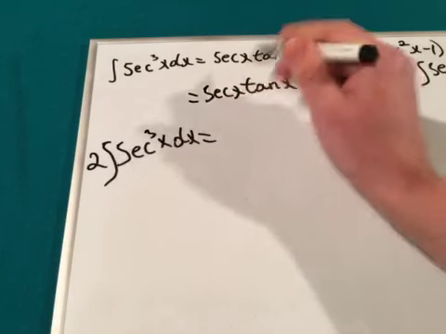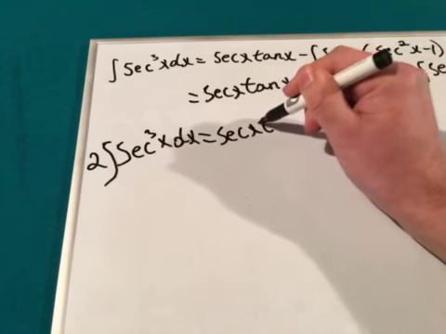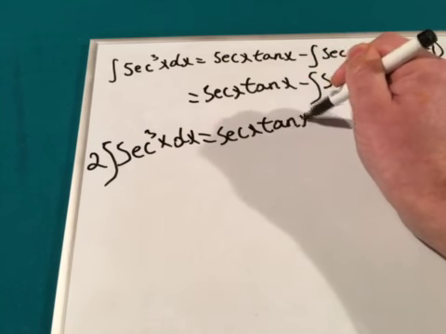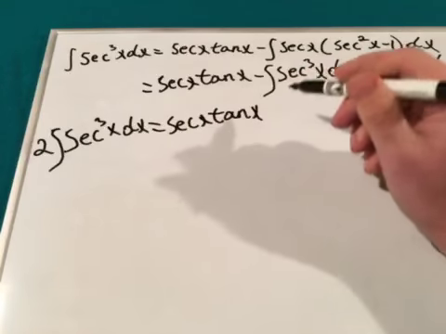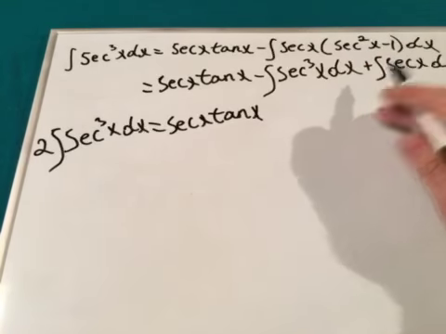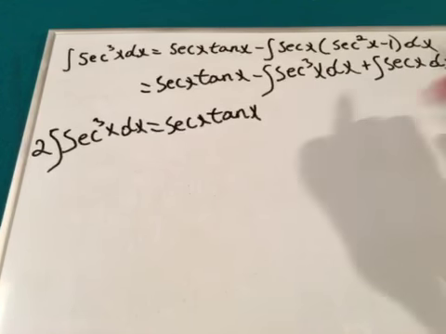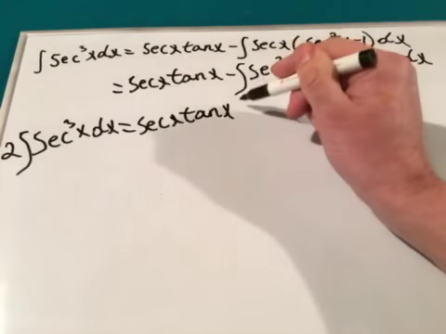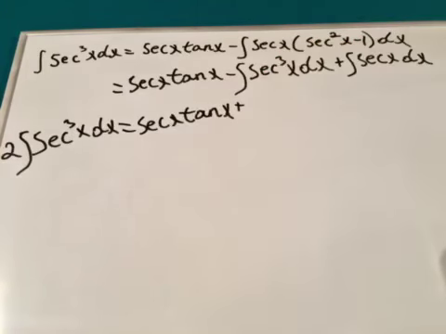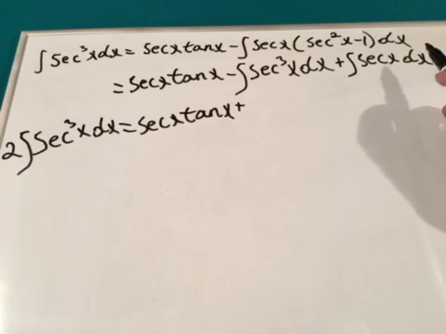Well, that is equal to what? It's equal to all this, to secant x tangent x. Now this is gone, right? We just added it to that side, so that's gone. But then we have plus the integral of secant. Wait a minute, what's the integral of secant? A couple of videos ago, I actually did the integral of secant, and if you get to this point, you could do it off to the side and figure out what this would be.